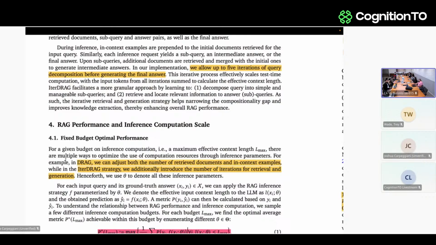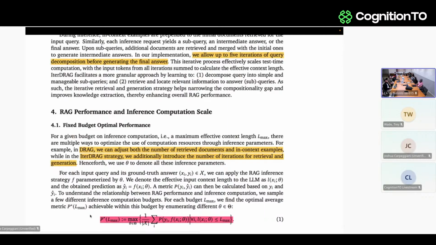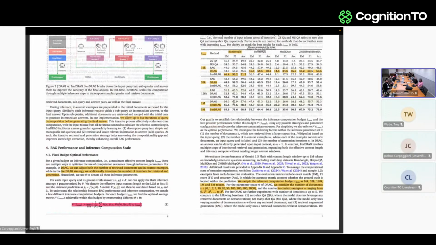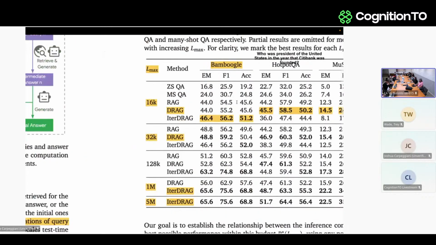Henceforth, we use theta to denote all these inference parameters. So we've got a lot of knobs that we can adjust to increase this. This formula is essentially a sweep over all of the parameters to find the maximum performance, but I'm not going to go into that. One of the things that is interesting is getting to the results table.